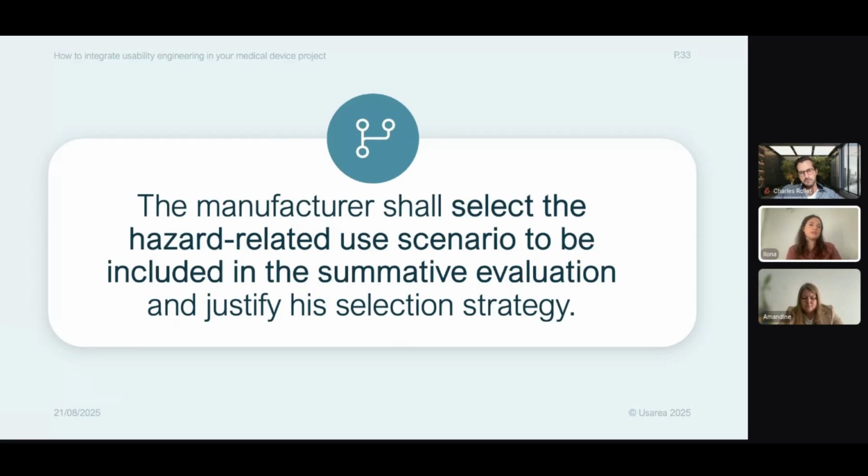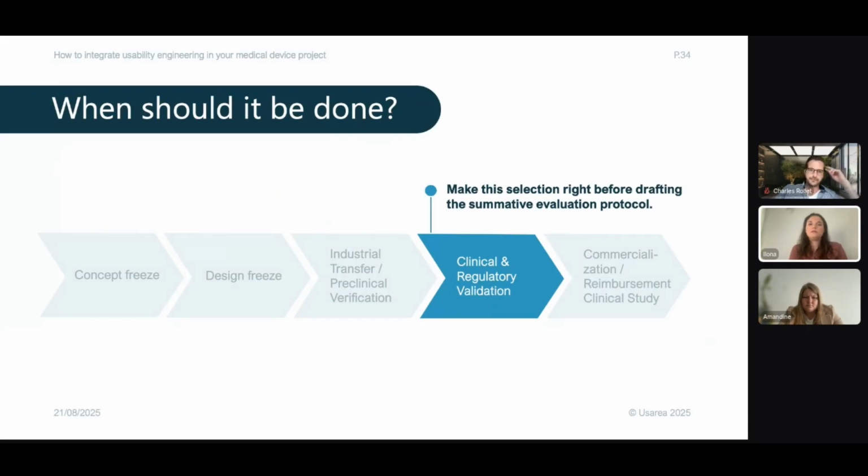For example, you have a scenario that you cannot realize during the test for any reason, and you have to justify why you made this selection. So you should do it right before drafting the summative evaluation protocol. So you select your scenarios right before.